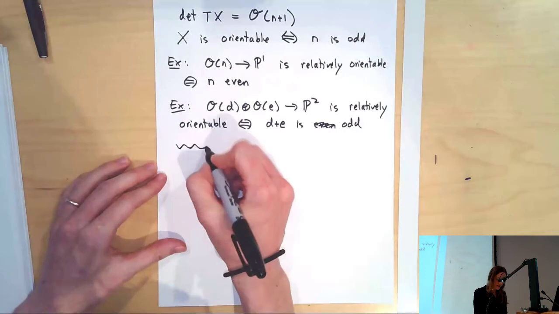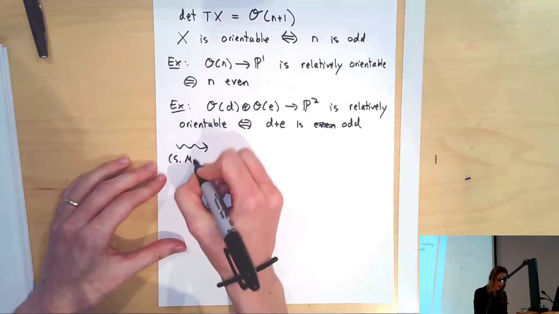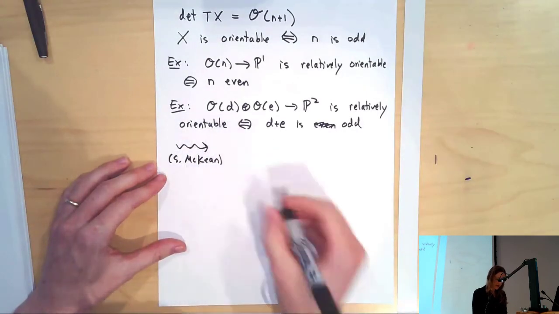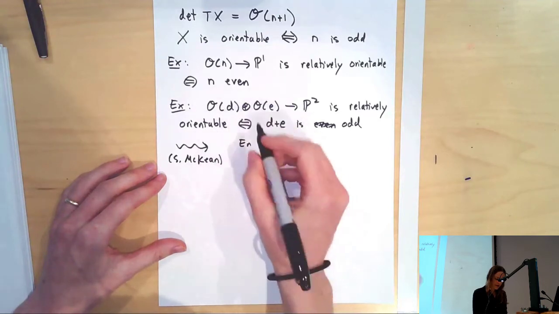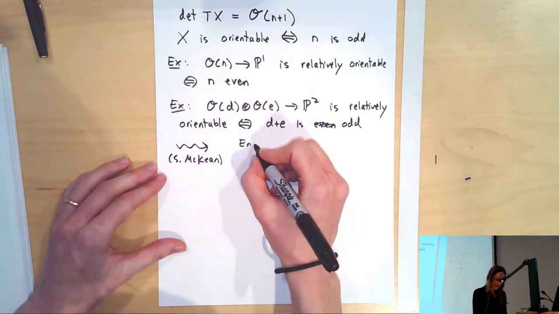And he uses this to make an analog of Bezout's theorem on intersection of plane curves of degree D and E.